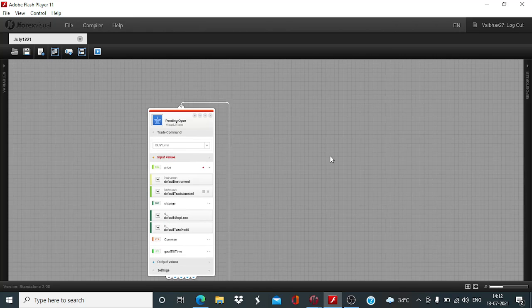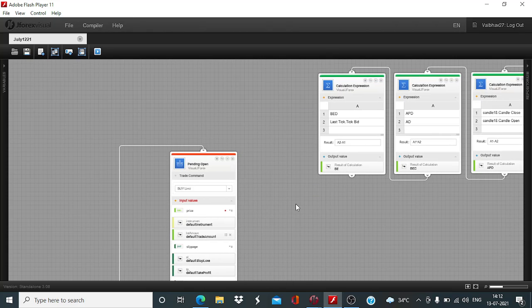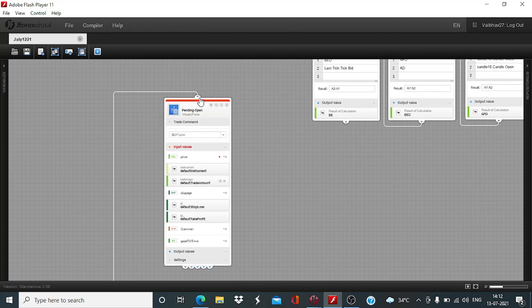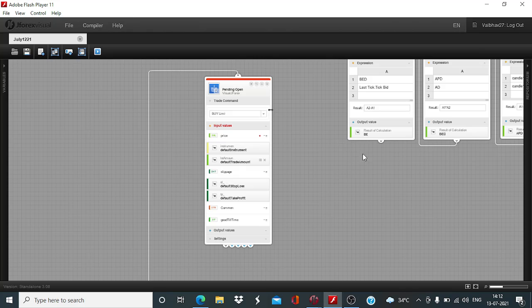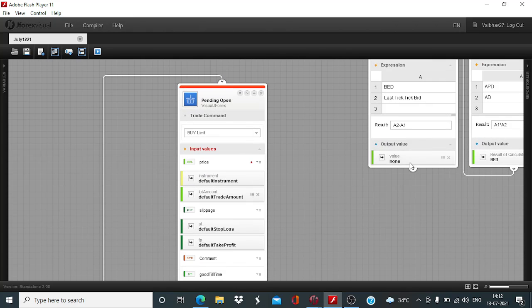Now coming to the trade command block, we have defined this buy price. So we will use this variable here.